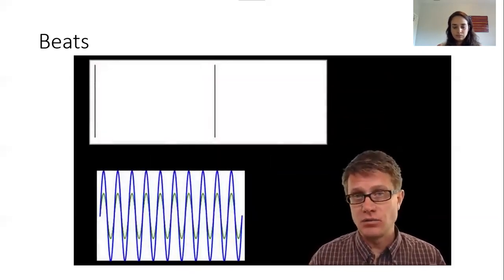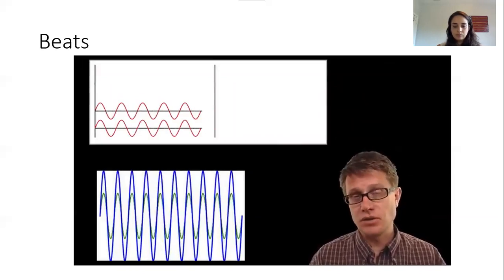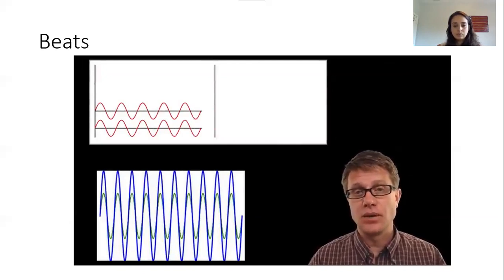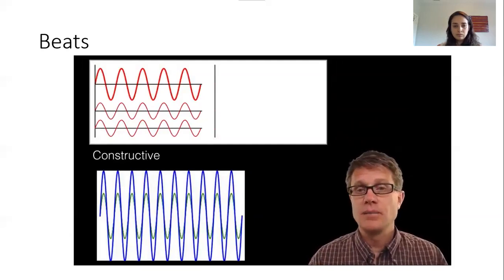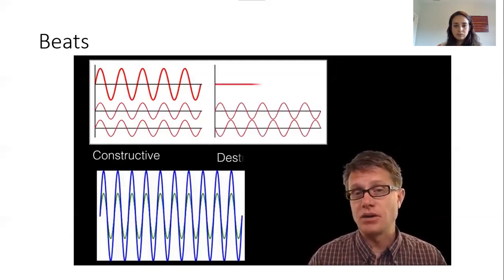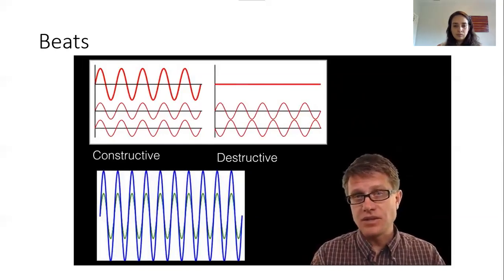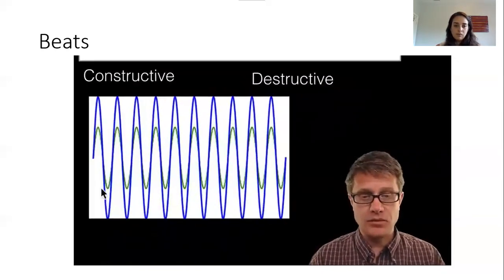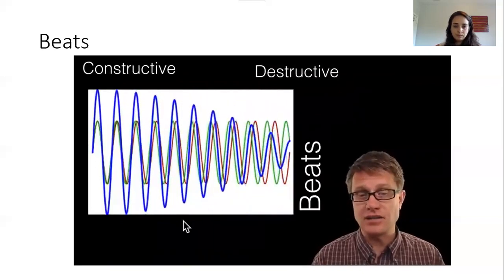Again, in review, if you don't know what constructive and destructive interference are, if we have two waves that are perfectly the same frequency and they're right next to each other, we'll get constructive interference. If they're out of phase with one another, we'll have destructive interference. But if the frequencies are slightly off, and if we look at this animation down here, these are frequencies that are close but not exactly the same.